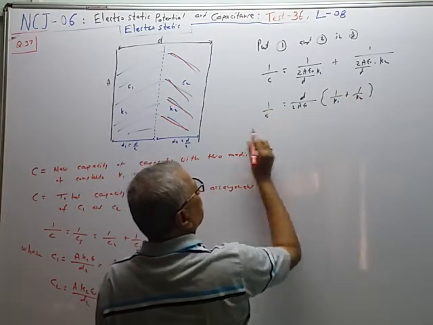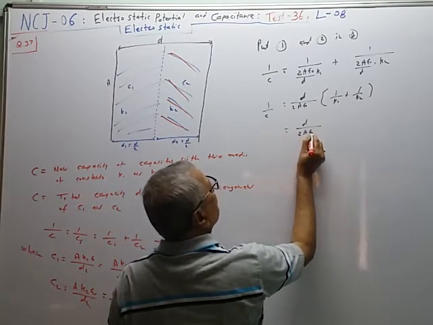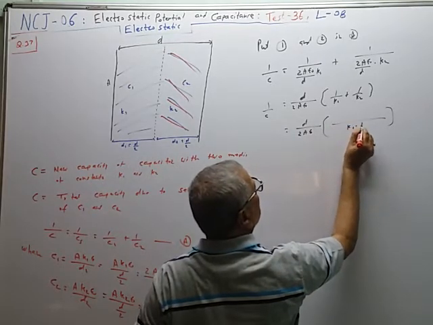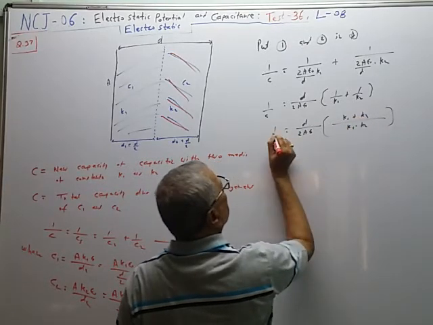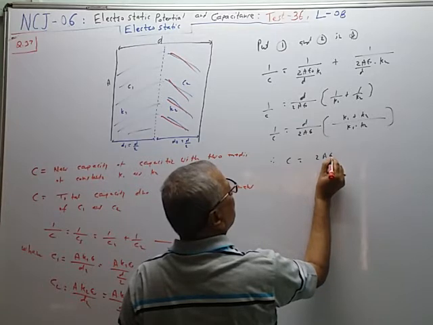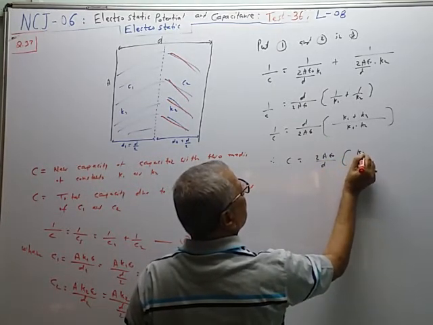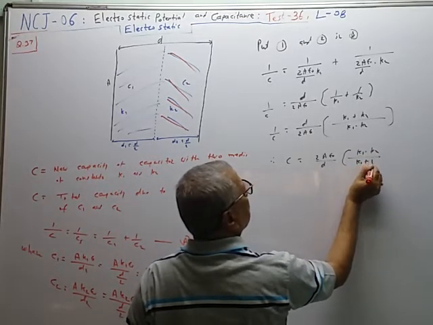This is 1 upon C. So d upon 2a epsilon naught, and bracket as usual it is LCM K1 into K2, and this numerator is K1 plus K2. Taking this equal, so C is equal to 2a epsilon naught upon d into bracket K1 K2 upon K1 plus K2.